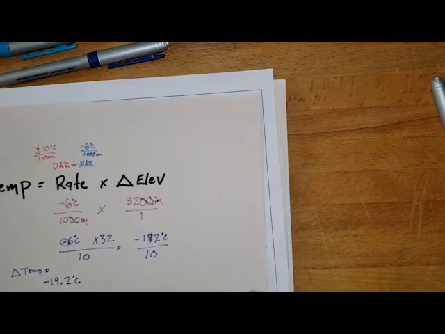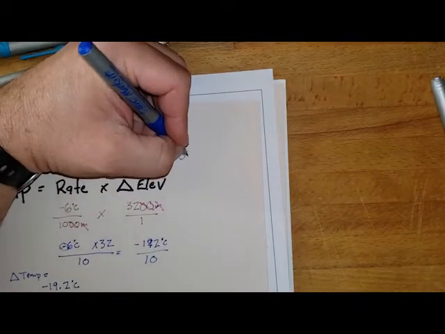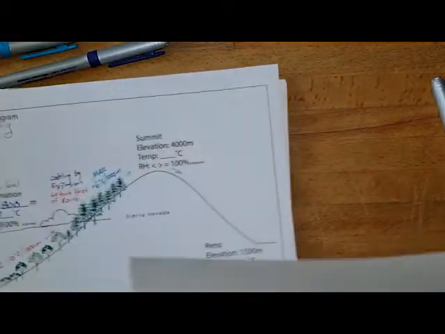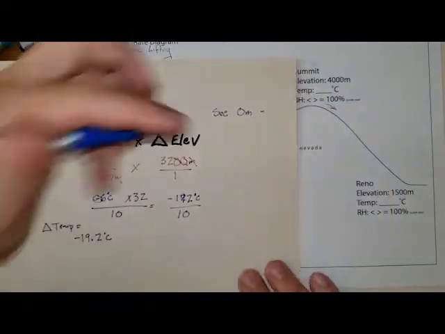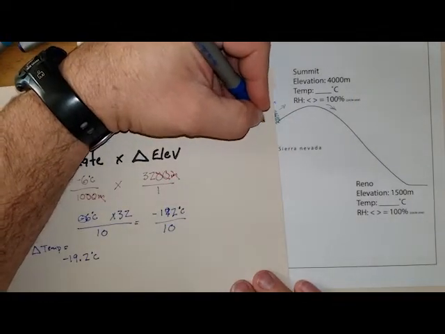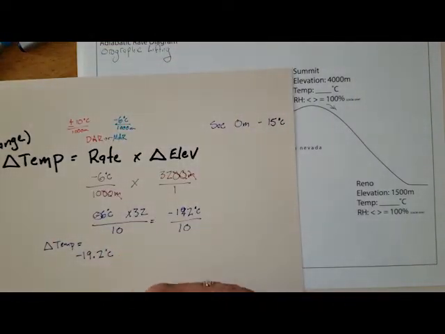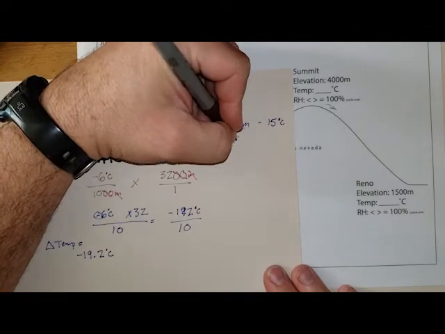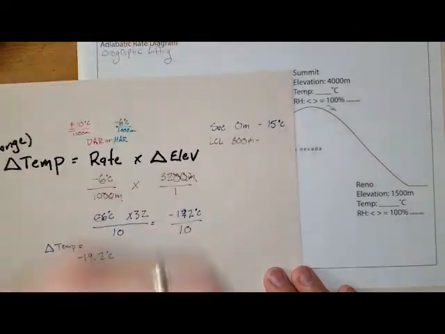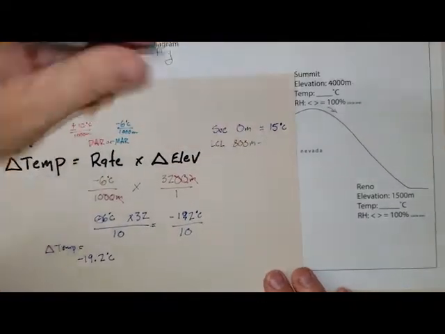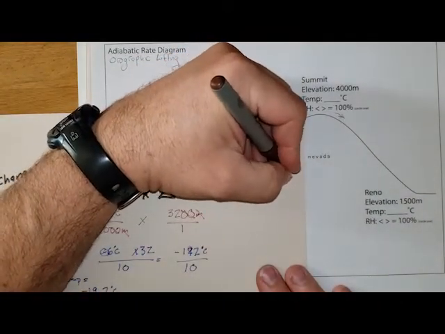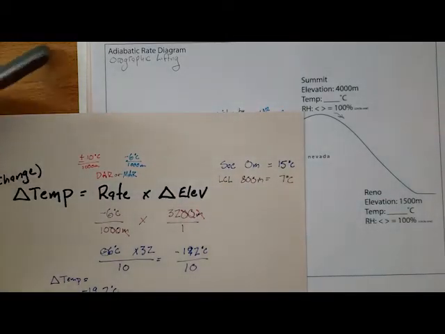Well, I knew that in Sacramento, at 0 meters, my temperature was 15 degrees Celsius. I knew that at the lifting condensation level, that was at 800 meters, that my temperature was equal to 7 degrees Celsius. And now I've got this change in temperature.